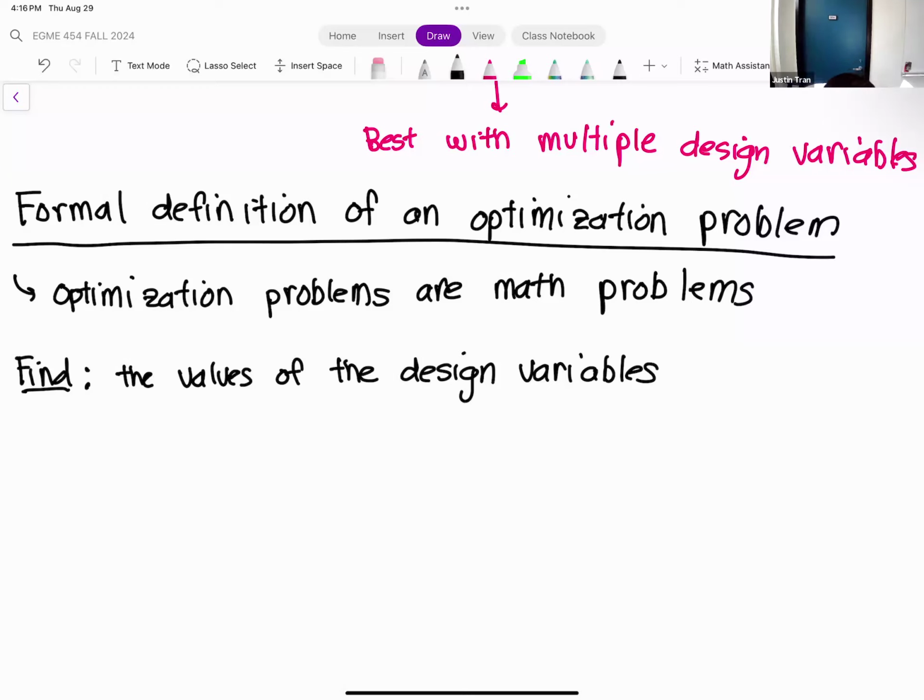The symbol that we're going to give the design variables is x, with a subscript i. You've seen index notation before, I'm assuming, in your previous classes. That's meant to state that there can be multiple design variables, so that i is like a numbering. For instance, there could be x1, x2, x3, and so on. So that subscript i is just the index of the variable. We leave it as a generic i because this is general for any amount of design variables.